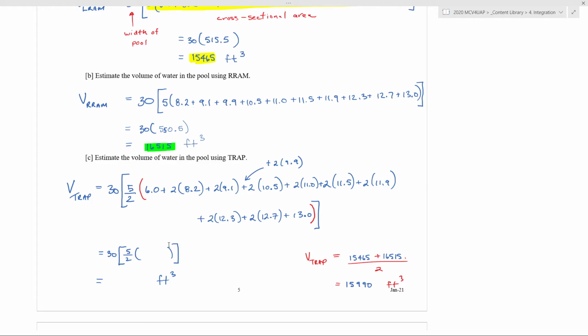Let's see. 221.2 times 5 divided by 2. Sir, I got 213.2. I got the same as Sierra. I got 213.2. Let's see. 213.2.